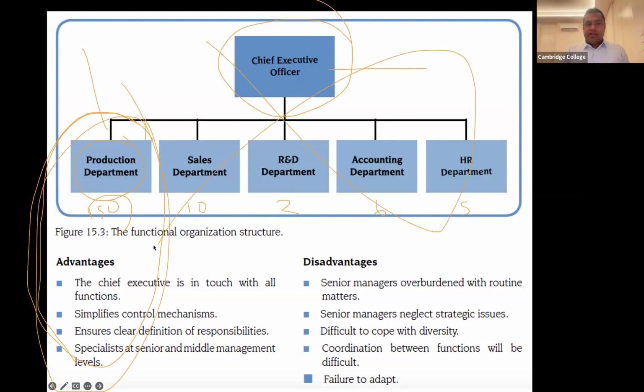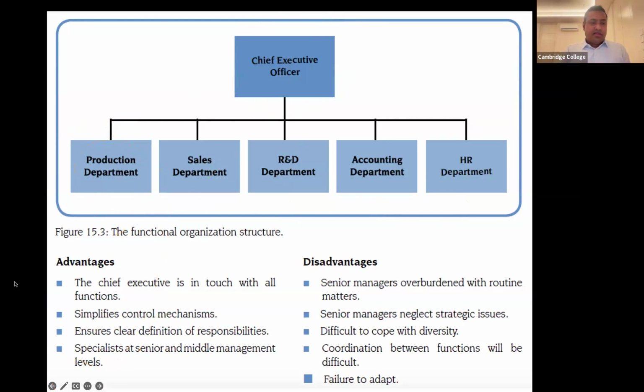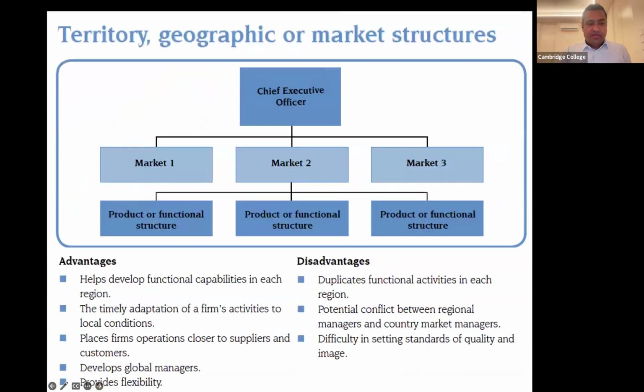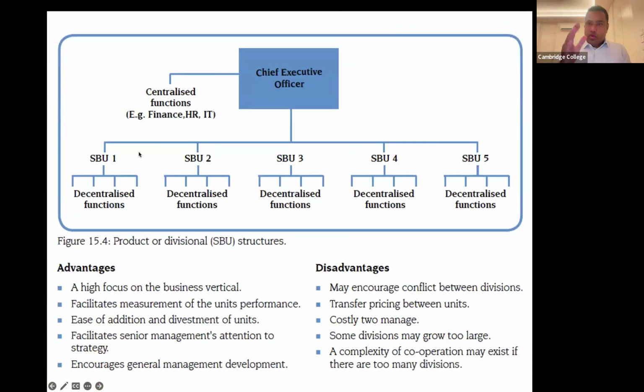And none of these guys will exist. Right? So what happens then is you quickly move into what we call a product or a divisional structure, where you have decentralized functions and you organize yourself by SBUs. So within the business, you create separate businesses and you say, okay, we are a bank. That's our main profit and loss account. But inside that, we have sub profit and loss businesses or SBUs.